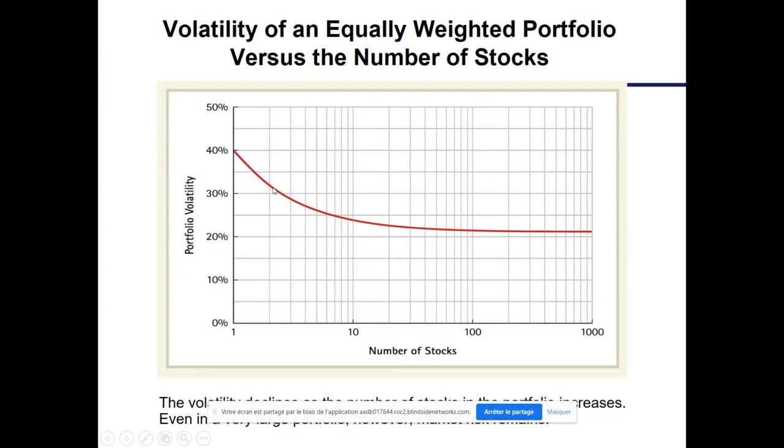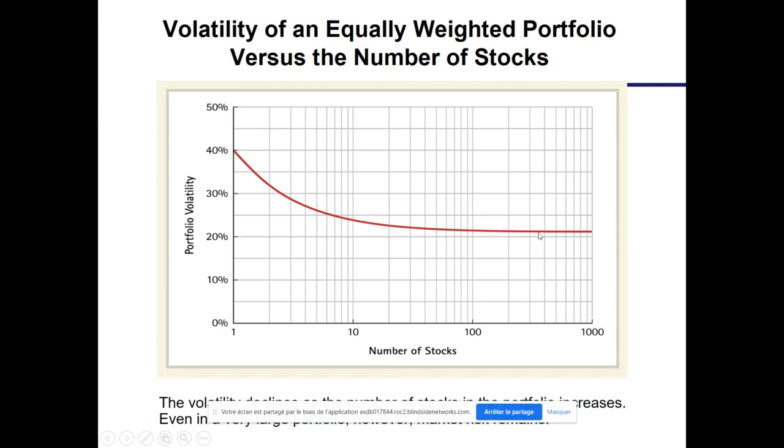If I have 2, I have 5, I have 10, and then I have more and more, 500 and 1000, the volatility remains almost unchanged, or there is very insignificant change. It means the diversification benefits that you get reduce from this to this.